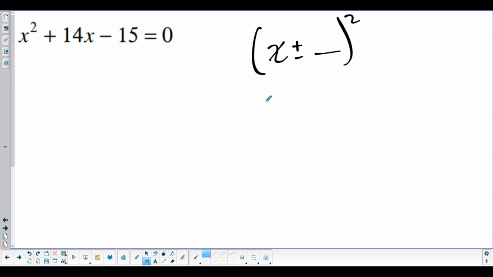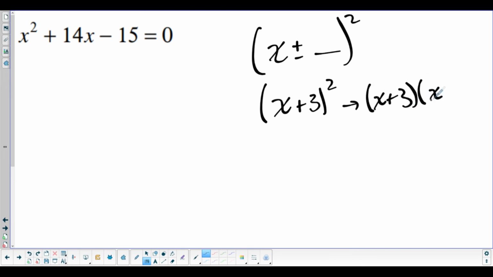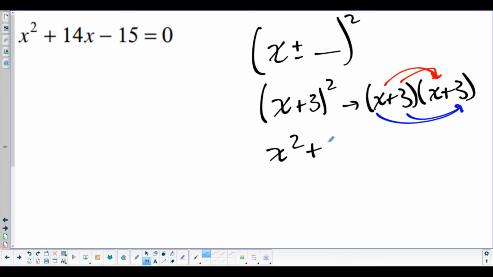Well, let's take x plus 3 quantity squared, okay? This is the same thing as x plus 3 times x plus 3, and then you have to distribute this out, right? You have to multiply everything in one set of parentheses by everything in the other, which you can use the area model for, or the acronym FOIL, but it's always going to end up with x squared, and then 2 times the middle term.